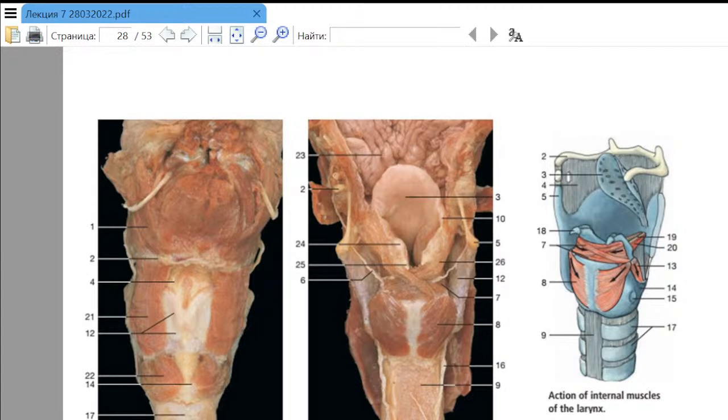You see musculus cricoarytenoideus lateralis.